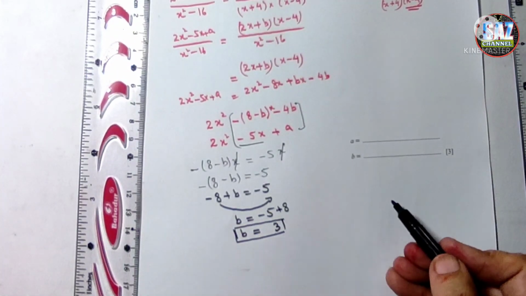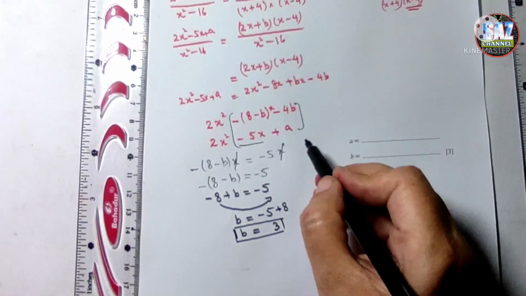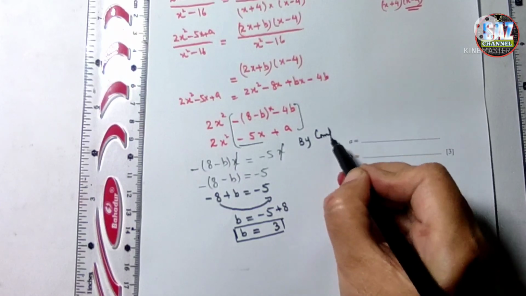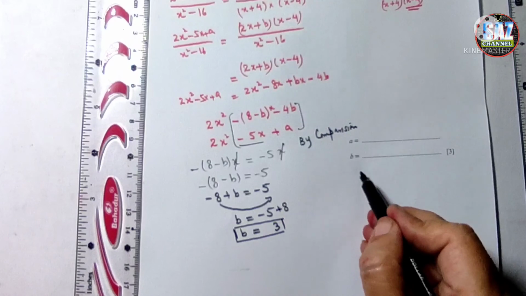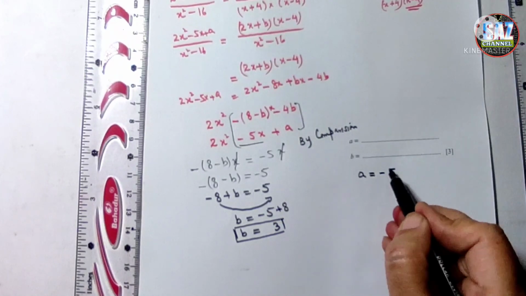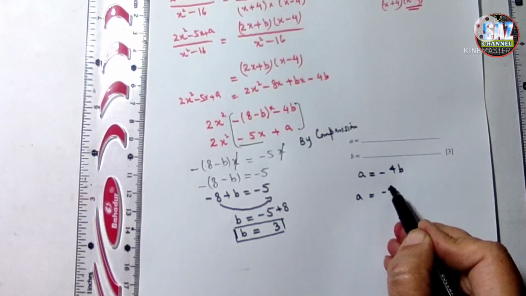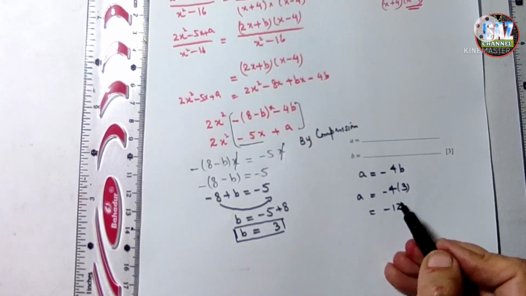And then the second thing is that we have to go here. By comparison, a equals minus 4b, a equals minus 4 times 3, which is equal to minus 12.